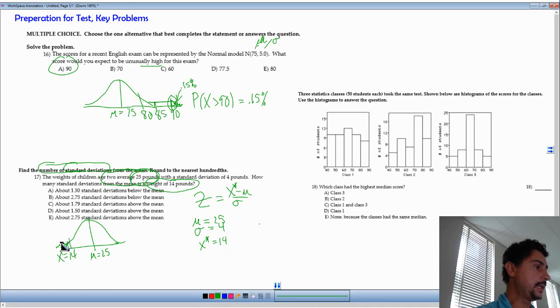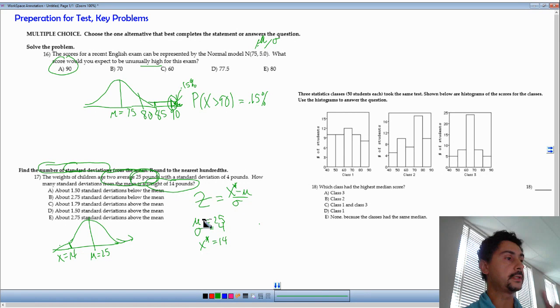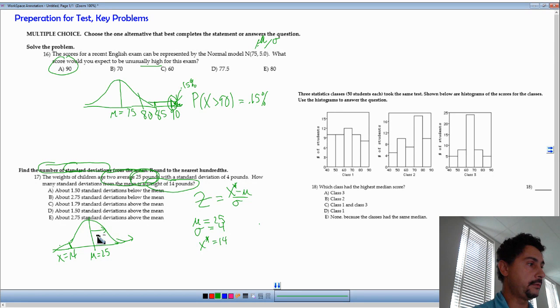It didn't ask me for the probability of being greater than 14 or less than 14, so we don't have to shade it. But the point is, we did have the information. You really didn't need to draw the graph, but I'm doing it to make it clear where the information is. And of course, I should have marked 1 standard deviation right here. The standard deviation is 4 pounds.